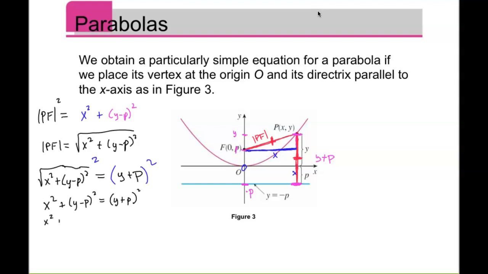All right, let's expand these. So plus y squared minus 2yp plus p squared equals y squared plus 2yp plus p squared.